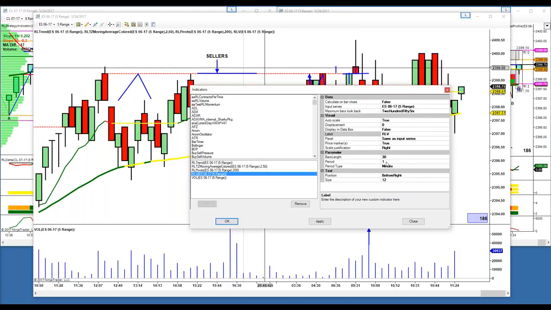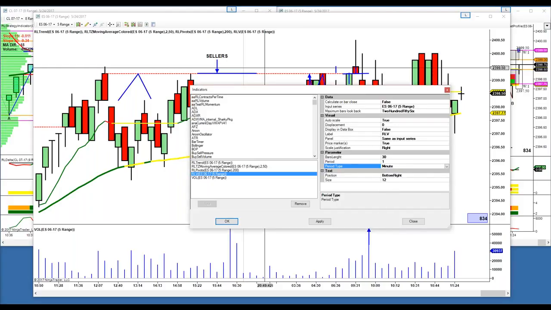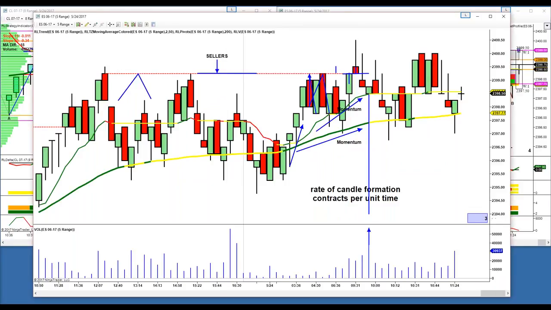We set it for one, the period is 1, and it's a minute. But if you want to set it for 2 minutes, 3 minutes, 4 minutes, 5 minutes, for seconds, for a week, for a day, those are all units of time. But we set it for 1 minute to give us an absolute assessment of how much volume is crossing per unit of time.